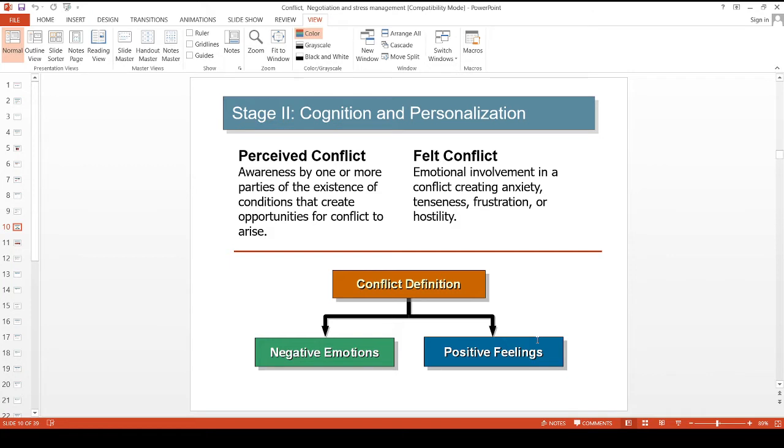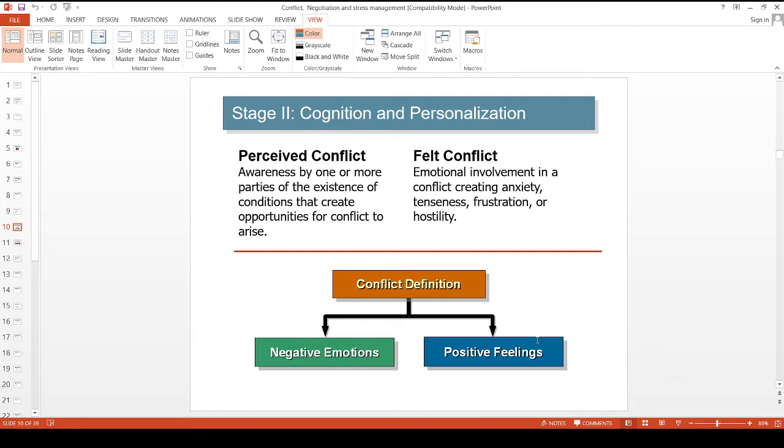Now, this stage is where the conflict issues tend to be defined, and this definition delineates the possible settlements. At this stage of perceived conflict, we should define what sort of conflict is arising and how we can settle these issues.